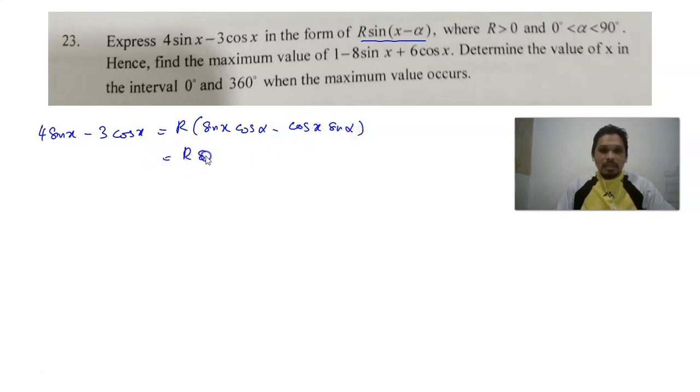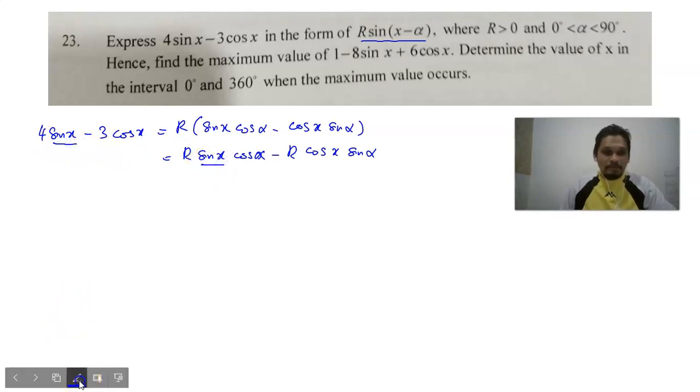Then it is r sine x cos alpha minus r cos x sine alpha. Let's compare between this sine x and sine x, and also cos x with cos x.